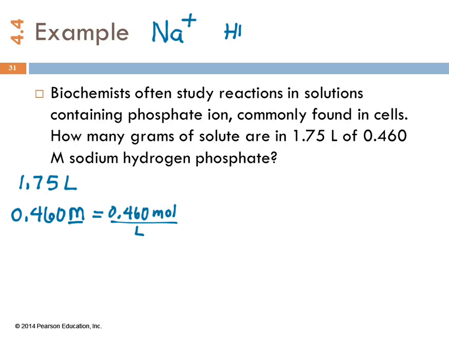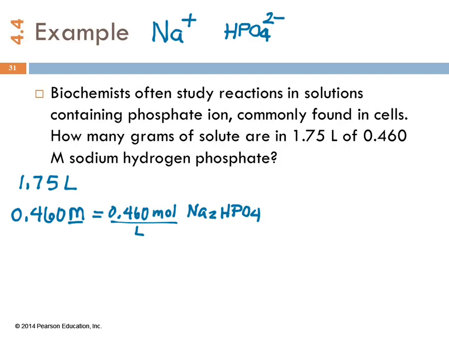It's HPO4 2-. So we always have 2 ions, at least in this class. So we've got sodium and we've got hydrogen phosphate, and when we put those together, we get Na2HPO4. Sodium hydrogen phosphate.